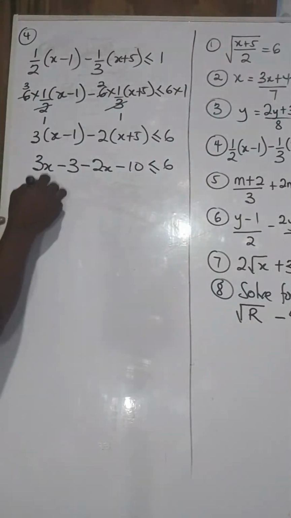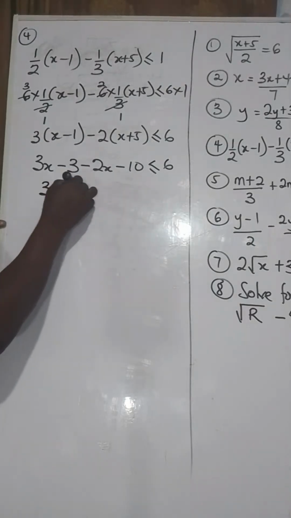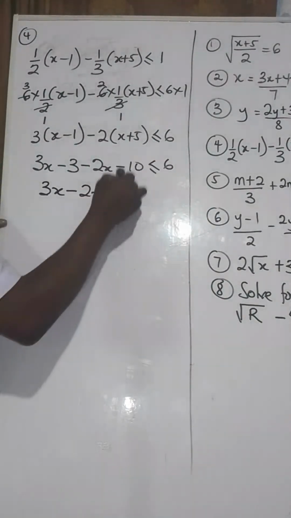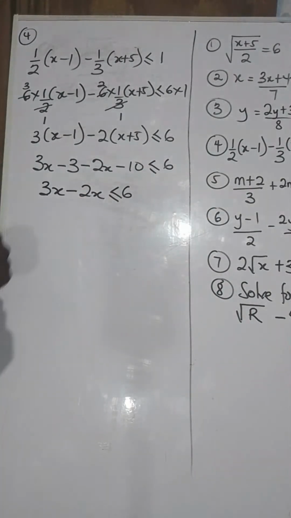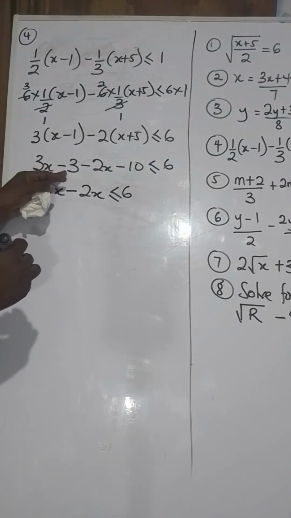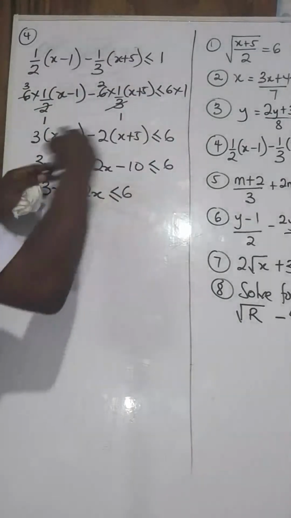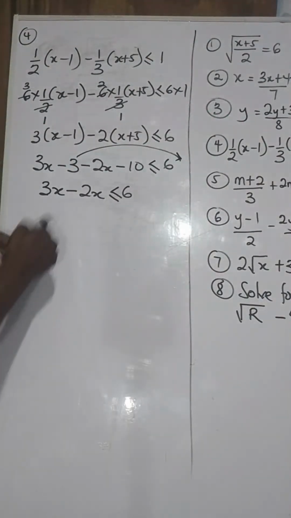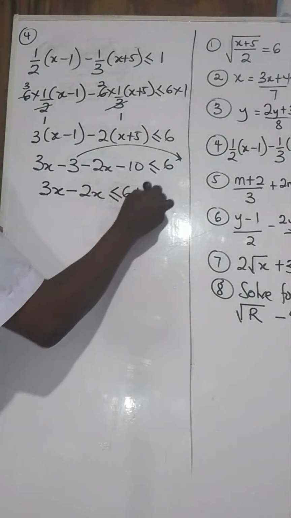So we group like terms. We are having 3x minus 2x less than or equal to 6, which is already on the right side. So this negative 3 will move to the right side here, so that becomes plus 3.